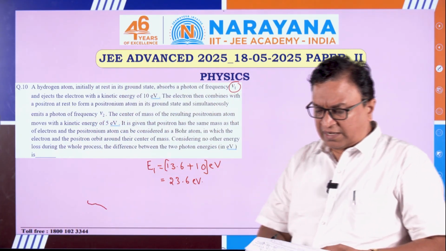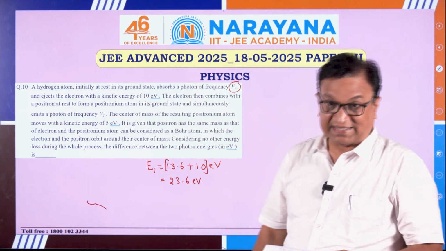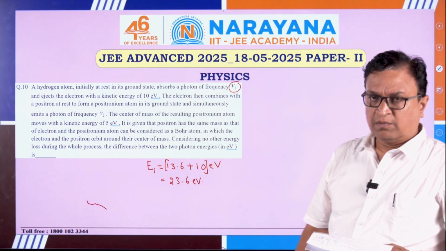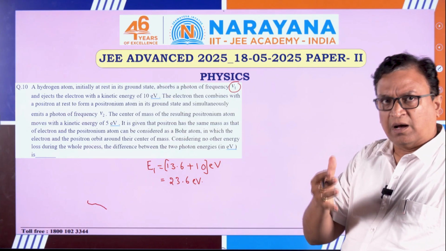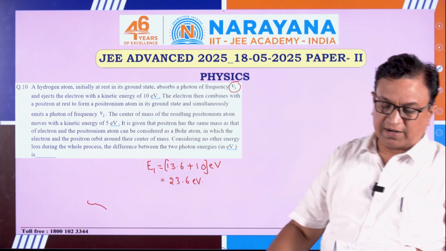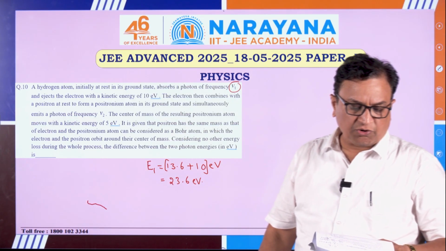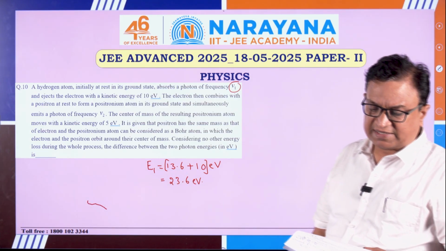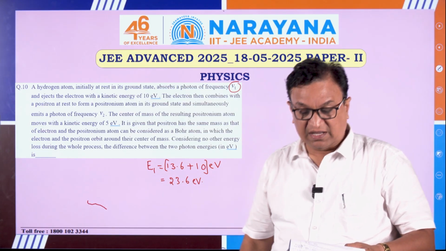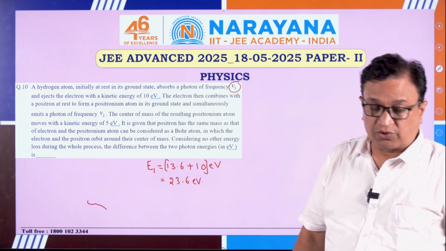The electron then combines with a positron at rest. Both are of the same mass, charge-wise opposite polarity, to form a positronium atom in its ground state, and simultaneously emits a photon of frequency nu2.